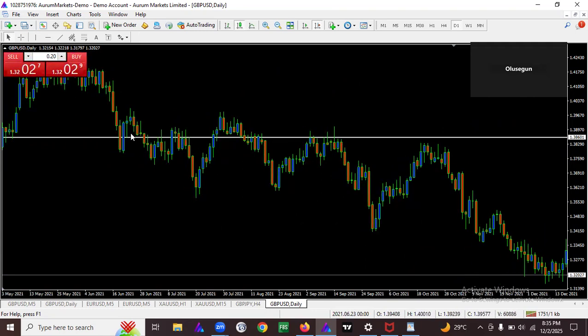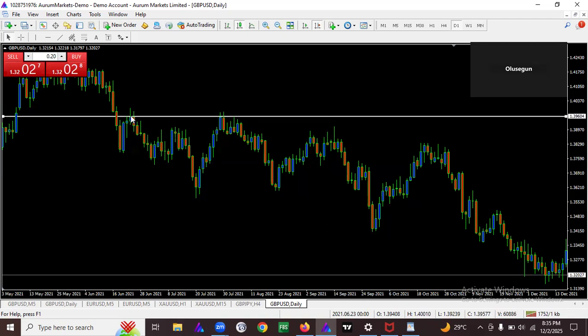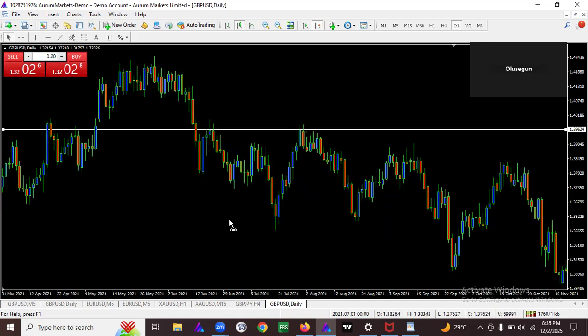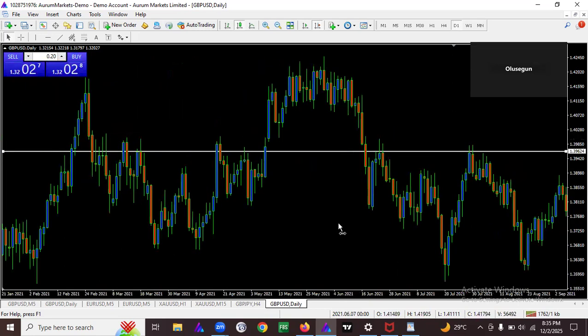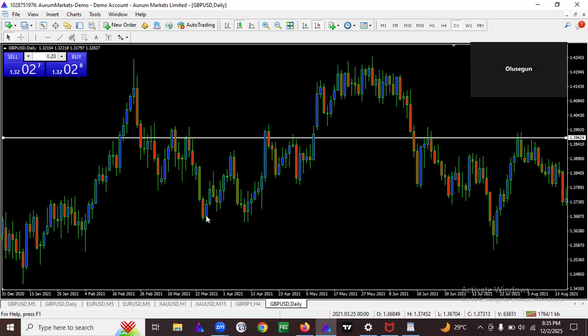Also we had this resistance here. Price dropped, pulled back, gave us a bearish reversal pattern, and it dropped. Here we had this support.